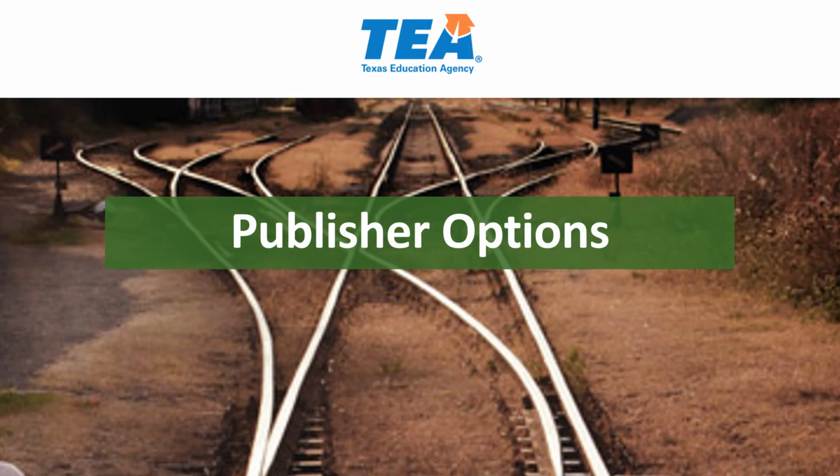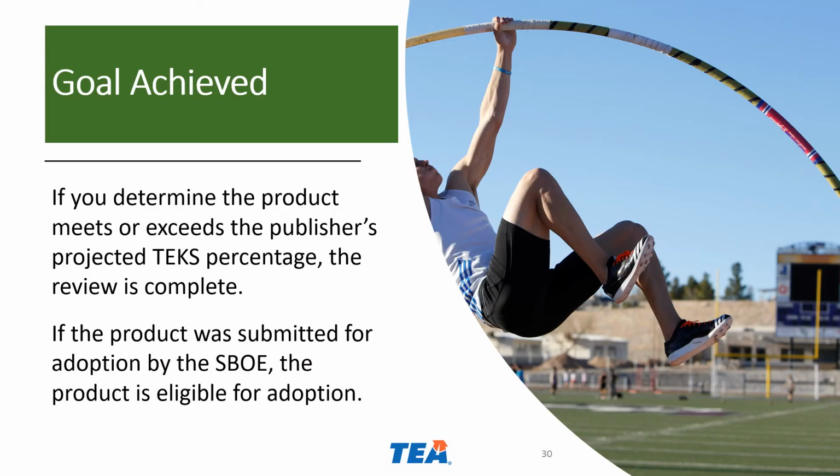In this section, I will discuss the publisher's options once the reviewers have completed their initial review. If you determine that the product meets or exceeds the publisher's projected TEKS coverage percentage, the review is complete. If the product was submitted for consideration for adoption by the State Board of Education, it is also eligible for adoption by the State Board of Education.